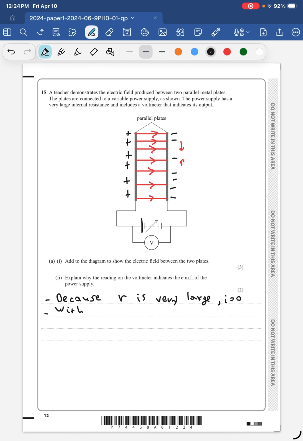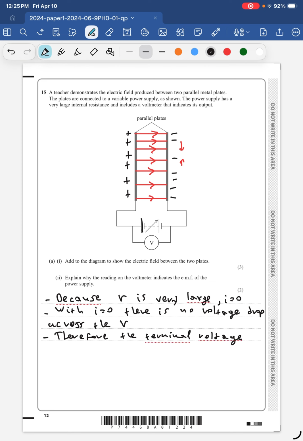With I equal to 0, there is no voltage drop across the internal resistance R. Therefore, the terminal voltage equals the EMF.